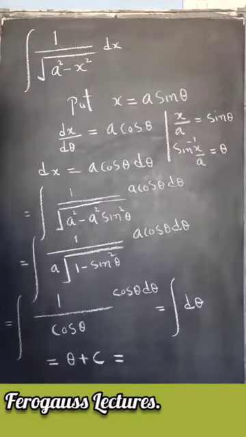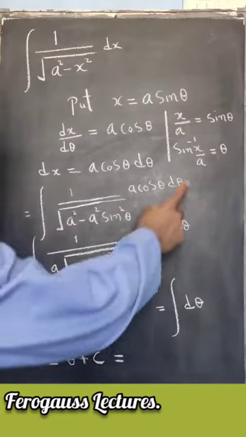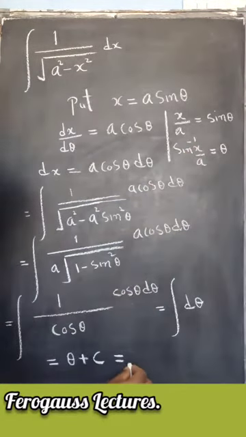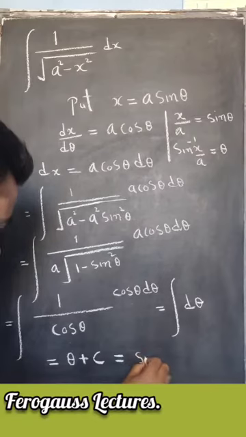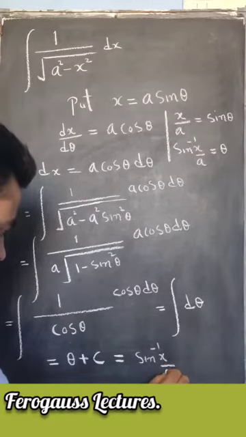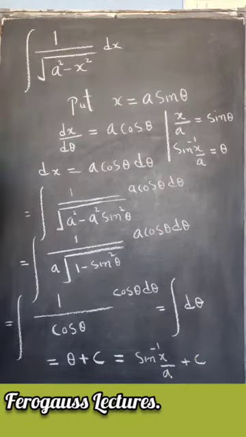Now instead of theta we can write sine inverse x by a, so we write sine inverse x by a plus constant of integration c. That completes the question.